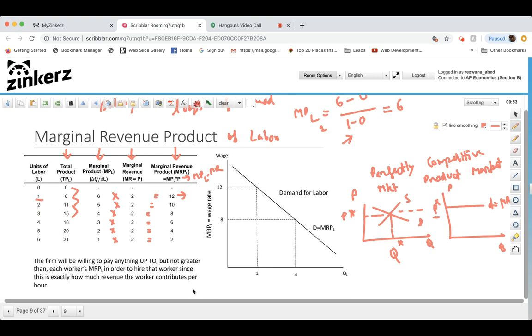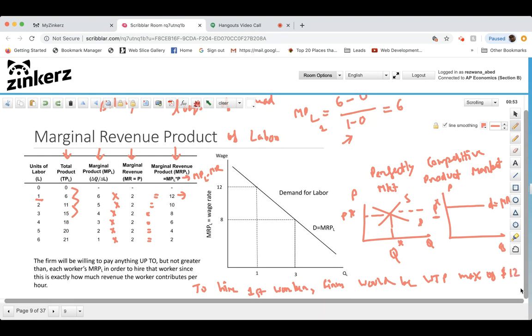Okay, so to hire the first worker, the farm would be willing to pay a maximum of $12.